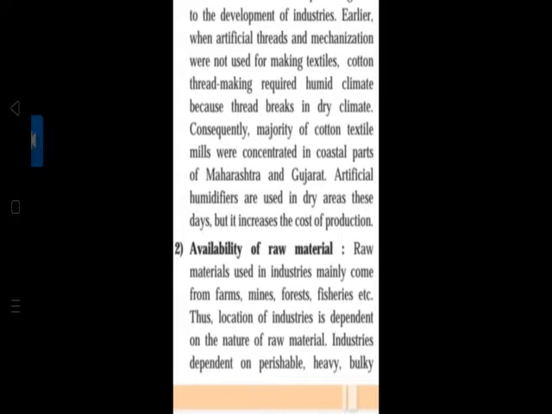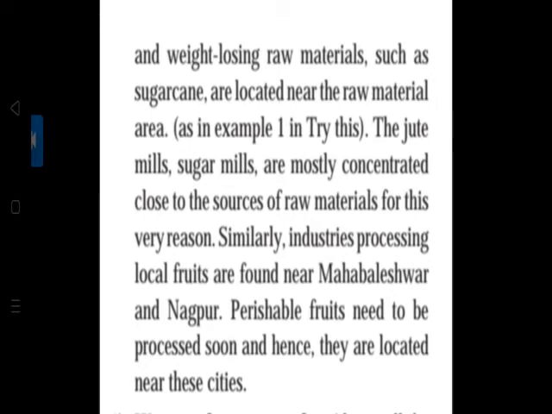Industries dependent on perishable, heavy, bulky and weight-losing raw materials such as sugarcane are located near the raw material area. The jute mills and sugar mills are mostly concentrated close to the sources of raw materials for this very reason. Similarly, industries processing local fruits are found near Mahabaleshwar and Nagpur.